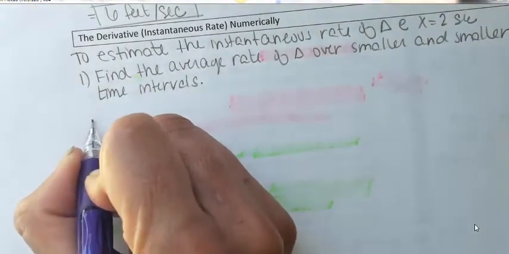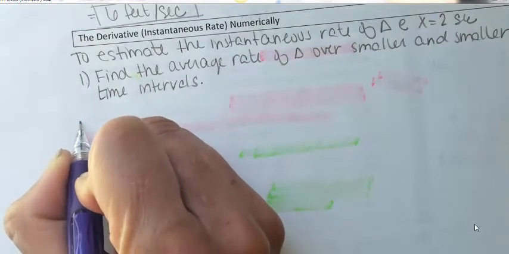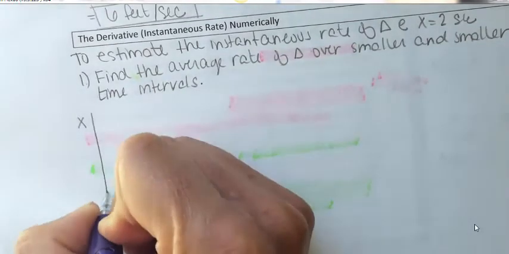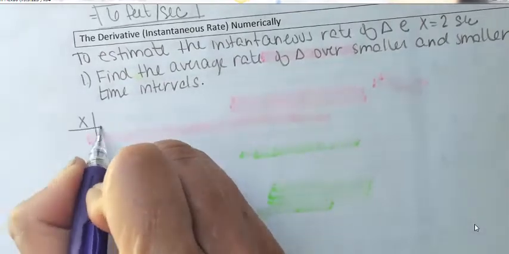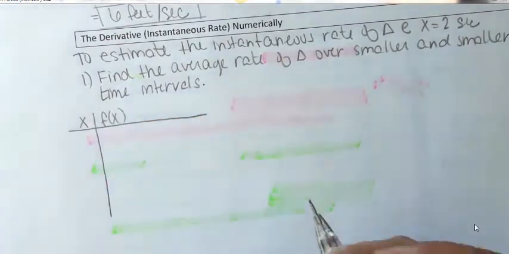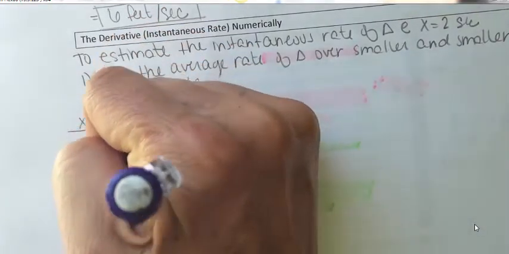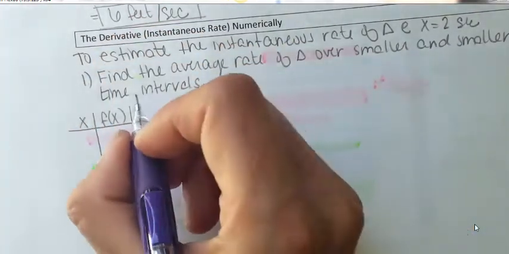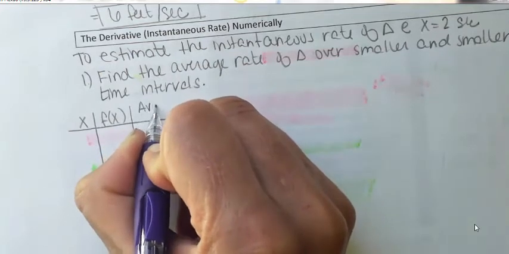So right here, I'm just going to make myself an input-output table. Actually, I'm going to do input, which is x. Then I'm going to do output, which is f of x. Then I'm actually going to do the average rate of change.